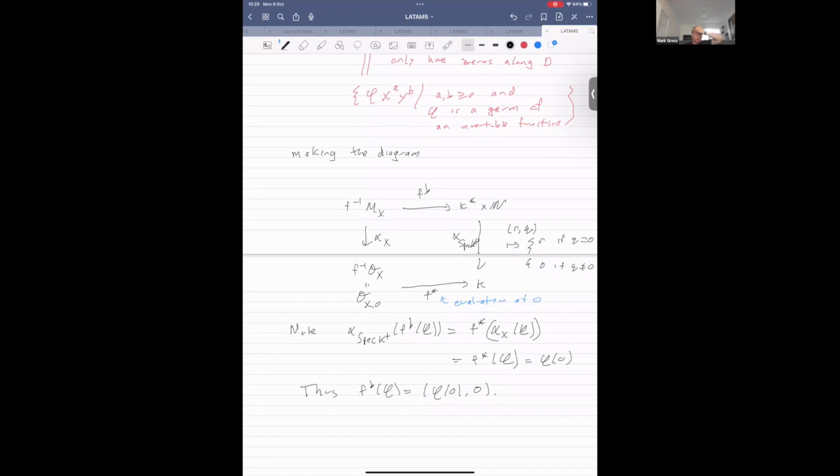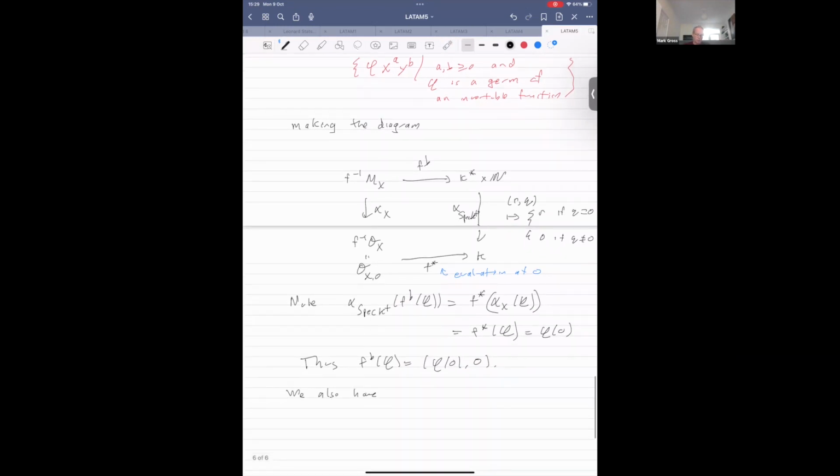Okay, so that tells us what f flat has to do on phi. There's no choice about that. So then we also have f flat of 1.